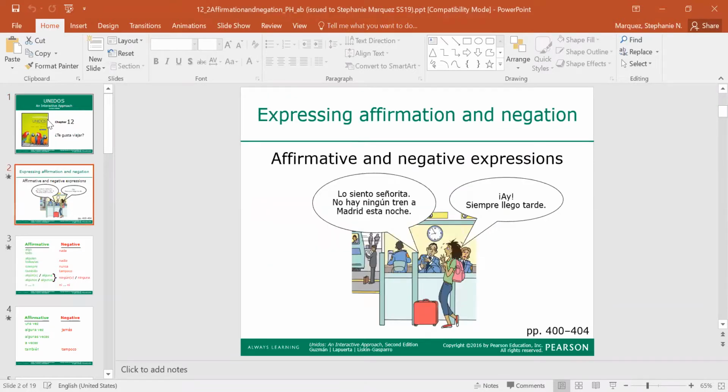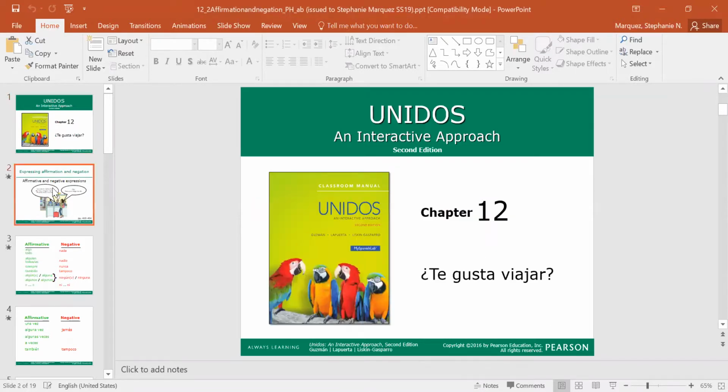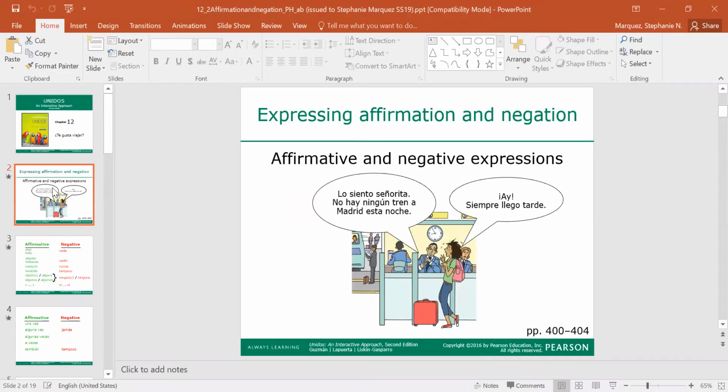Oops, sorry. Okay, so again, we're just looking very quickly at affirmation and negation. So it's also called affirmative and negative expressions. And essentially it is vocabulary. So we can see here some affirmative and negative expressions on this first slide.